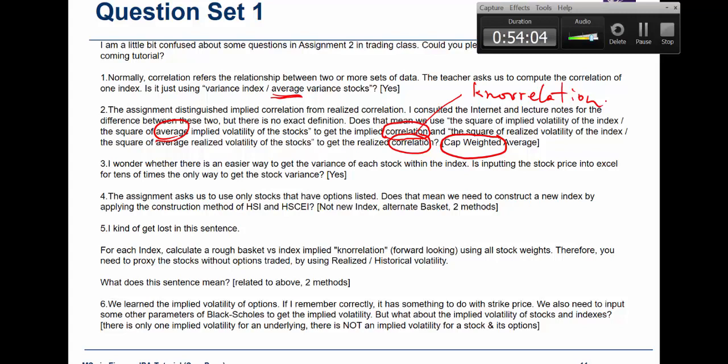Number 3, I wonder if there is an easier way to get the variance of each stock within the index. Is putting the stock price into Excel tens of times the only way? Well, we are asking you that question.